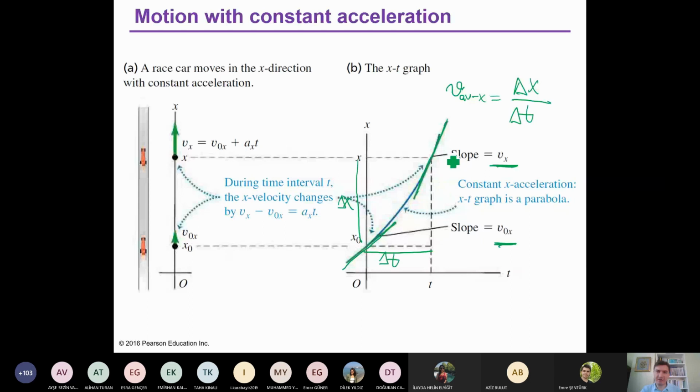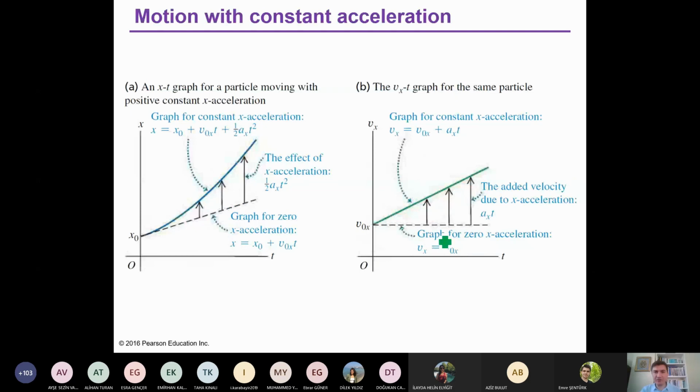Do you have any question here? Then let me continue with the xt and vxt graph. Here we have the xt graph and the same graph here with more details and comparison with 0 acceleration.